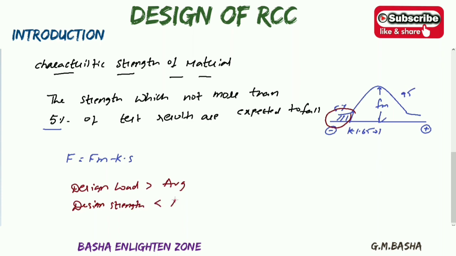less than average. Again, in the limit state, please remember the factor of safety for concrete will be equal to 1.5 in limit state of collapse, and in the limit state of serviceability for concrete it will be 1.0. Again for steel it will be 1.15, and again it will be 1.0.